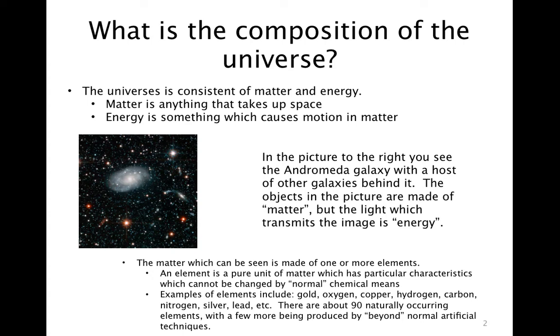It can't be done in regular chemical settings. Some examples of elements include gold, oxygen, copper, hydrogen, carbon, nitrogen, silver, lead, phosphorus, sulfur, and einsteinium, an element that's produced in large particle colliders, through artificial techniques.